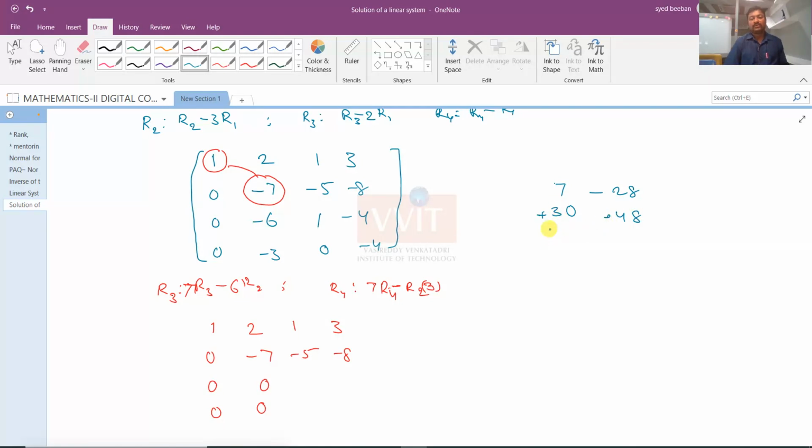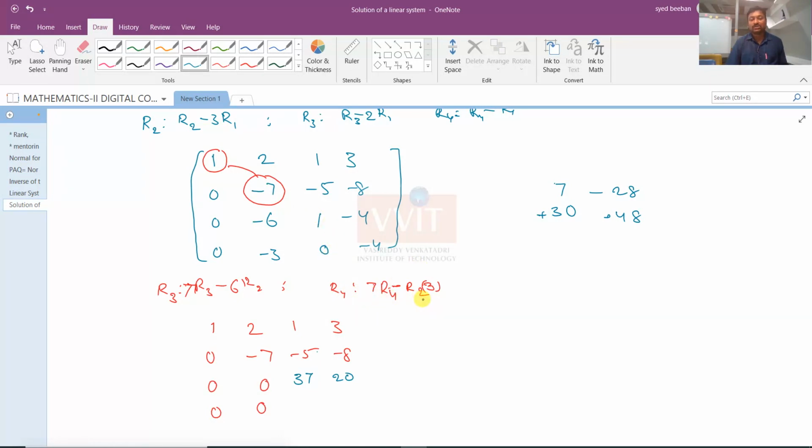Now if I add this, because both have the same sign, it's 37. Earlier I made a mistake. Now 48 minus 28 will be 20. It's plus 20.